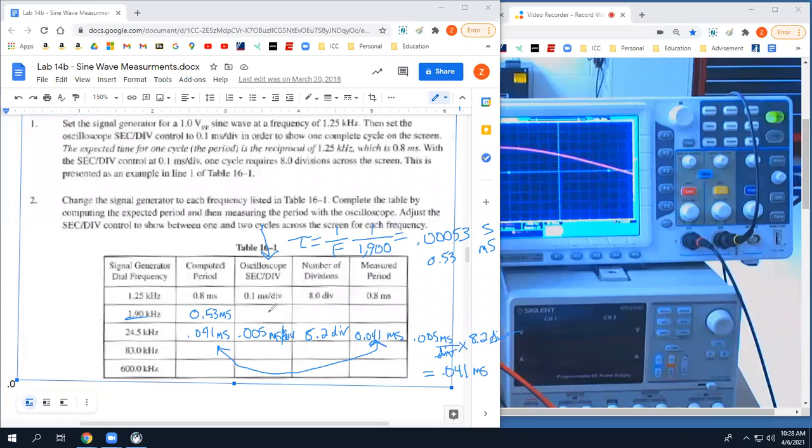It doesn't matter which one you use, this one matches out. So you can't do 1.67. Yeah, it doesn't matter what unit you use, as long as you keep them all the same.